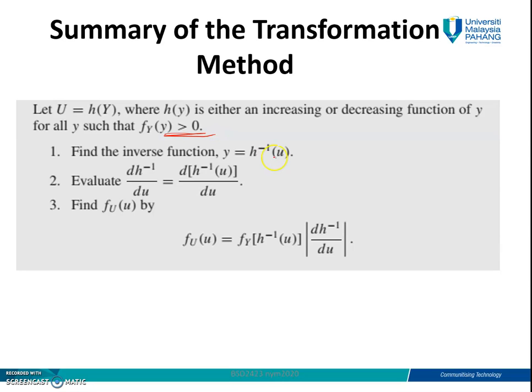Find the inverse function of y, which is the inverse function of u, and then you differentiate this one, and then you can find the density function by using this concept. This is also applicable for the bivariate random variable, just like in the previous example and the previous video.